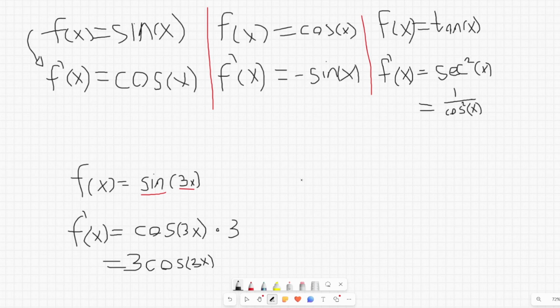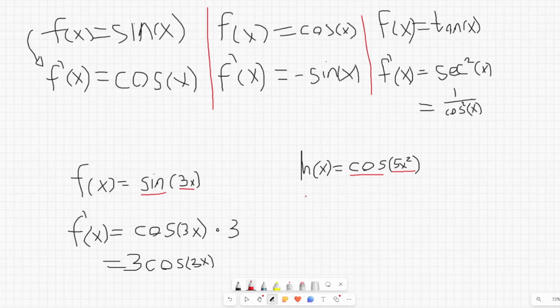We have h of x is equal to cos 5x squared. Alright, now the same thing applies for this one. We have the inside function, which is 5x squared, pardon me, and then the outside function, which is just cosine.